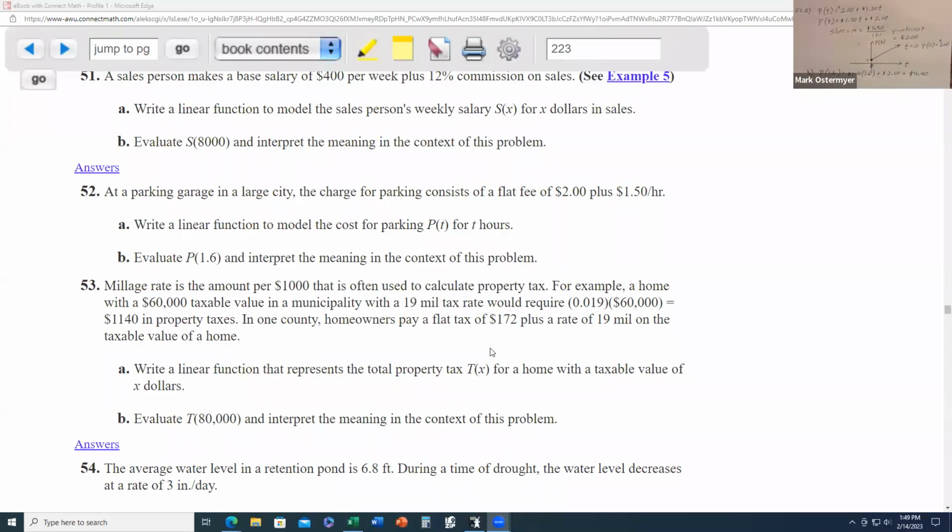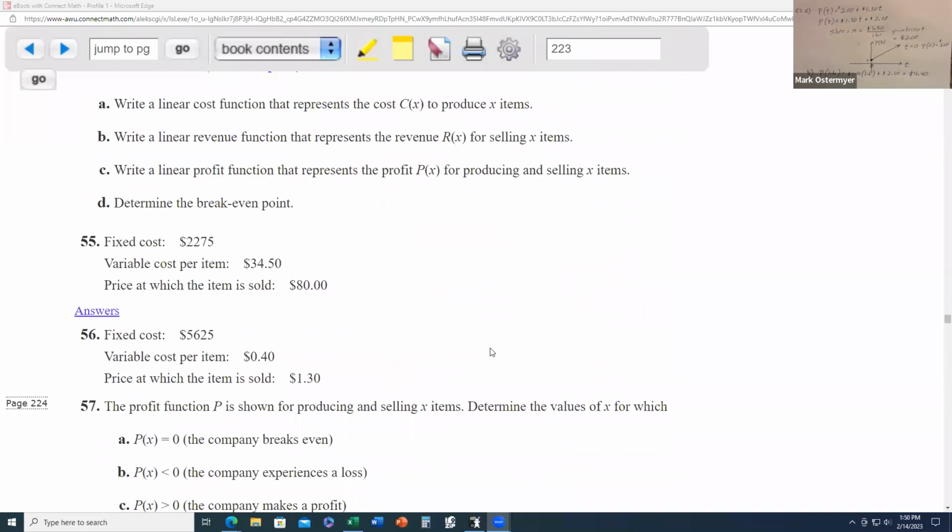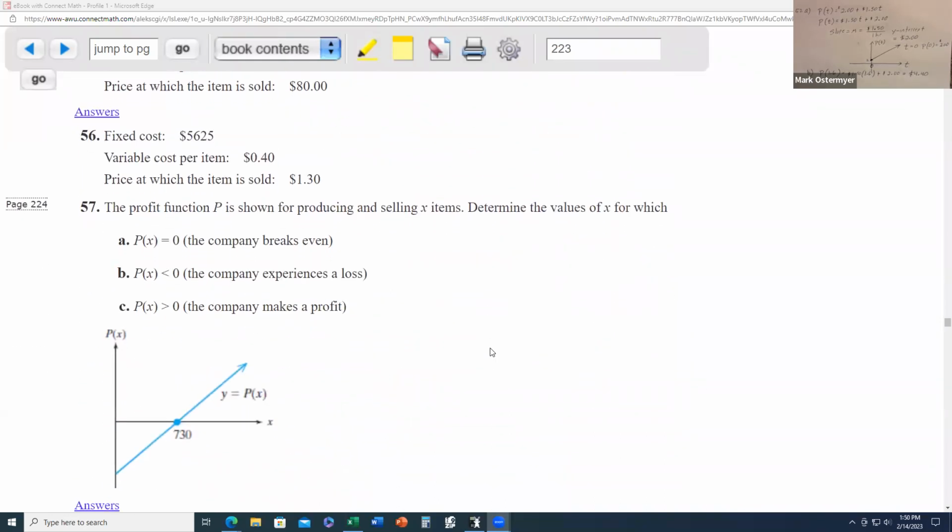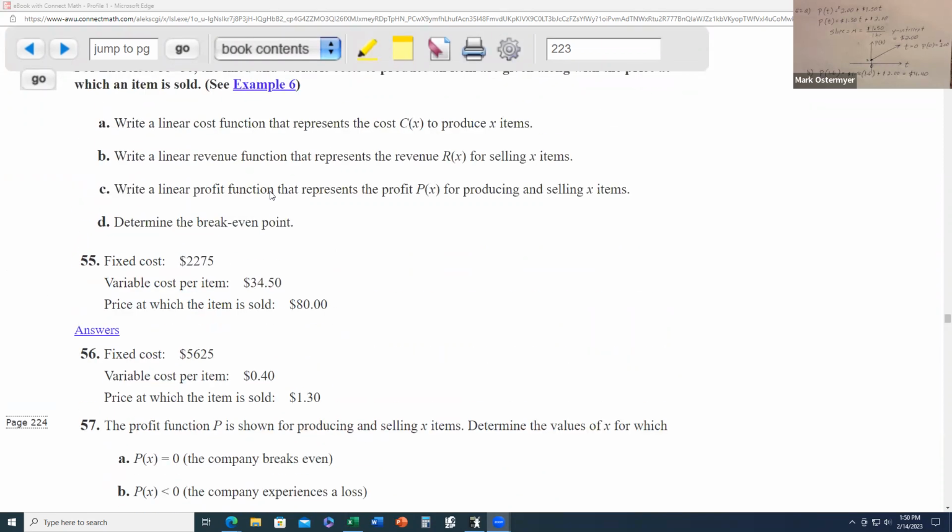Let's go look at another problem, number 56. All right. For these problems, they want you to do all 4 parts here, A through D. They want you to write a linear cost function that represents the cost C of X to produce X items.